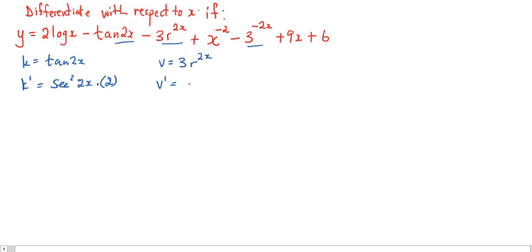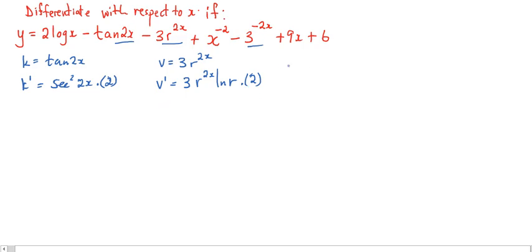The derivative of v is going to be 3 multiplying with r to the power of 2x, the ln of r, multiplied by the derivative of that exponent, which is 2.